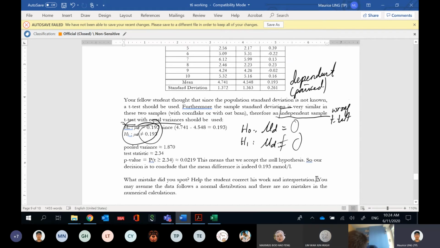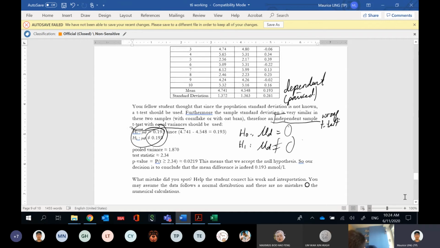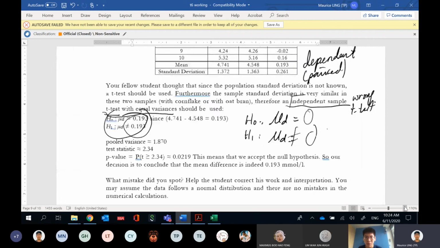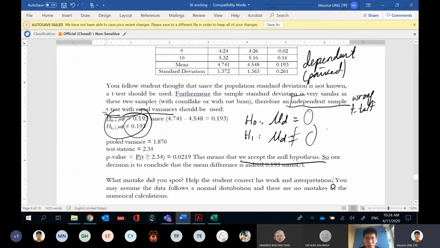So the main thing is actually the test is wrong. The test and the hypothesis are wrong. Although the conclusion still says that you accept the null hypothesis in this case, generally for diploma level, we are a bit kinder in the sense that if your conclusion is correct, we will still give you some marks.